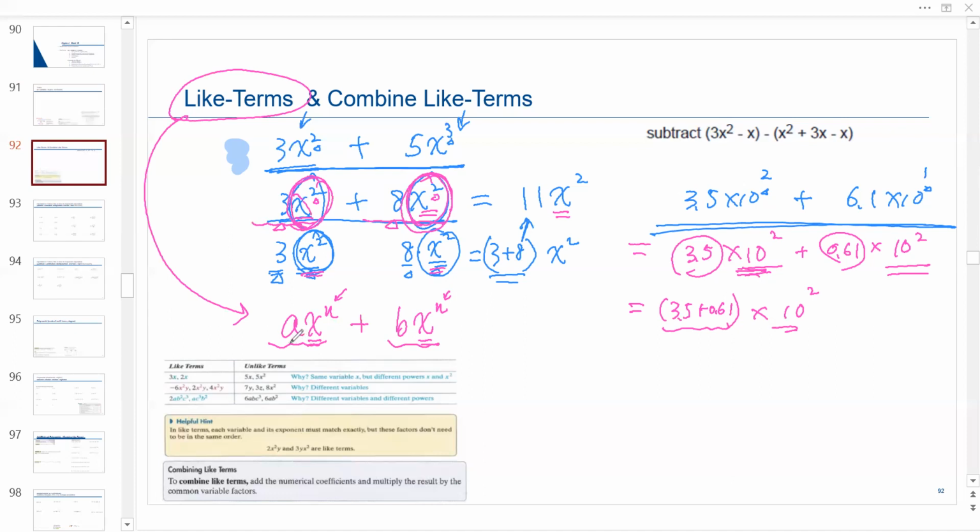The only difference is the coefficient. Sometimes the coefficients may be the same, and we still consider them like terms. Like terms means the variable is the same and the exponent is the same.